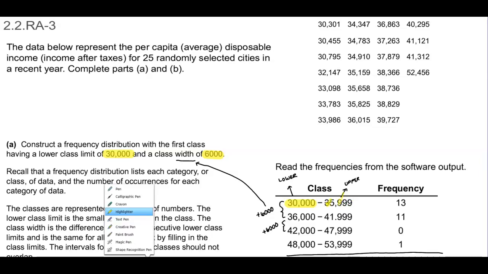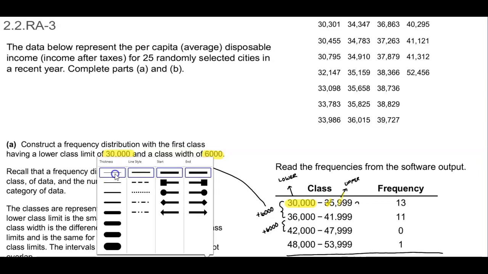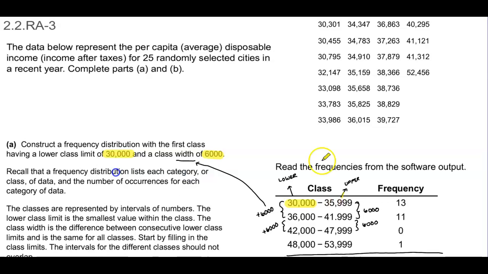I also want you to notice that we have 6,000 between our width, which also means that over to our right, this also has a width of 6,000, so you're going to have 6,000 here as well. Now we want to count up all the frequencies that are in between 30,000 and 35,999.